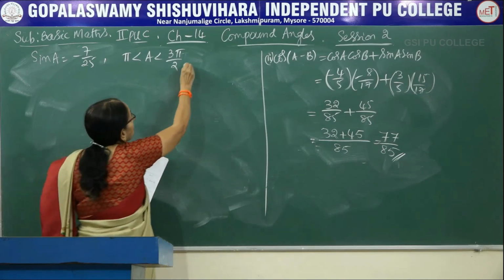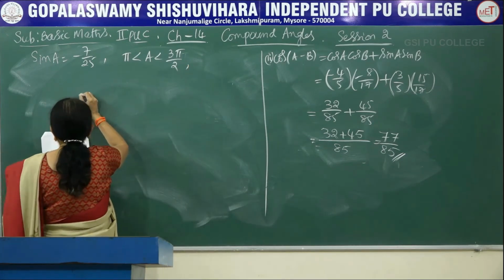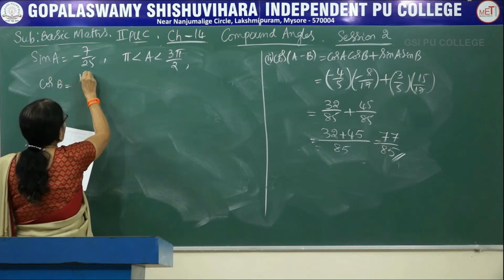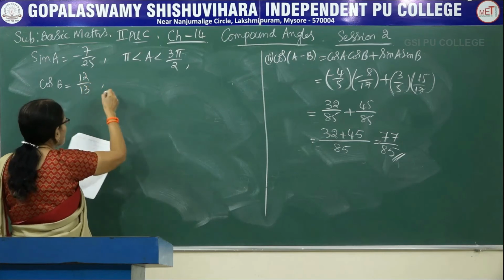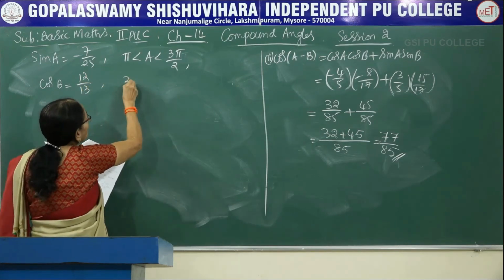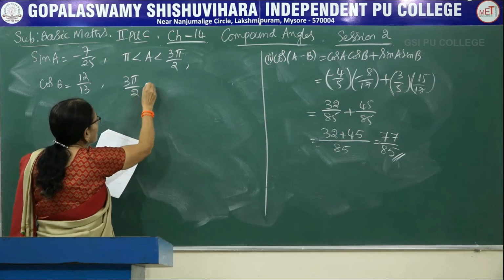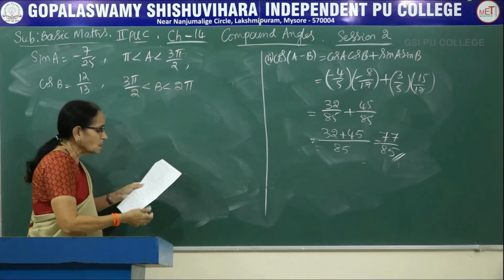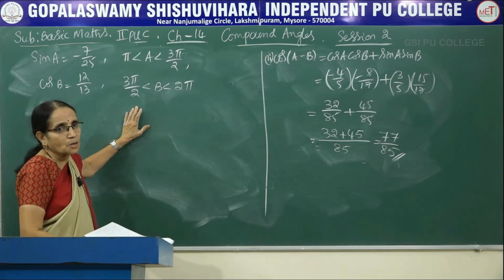And what is the other ratio? Other ratio is cos B. Cos B is 12 by 13, where the angle B is lying between these values. Look here, 3 pi by 2 means 270 degrees.